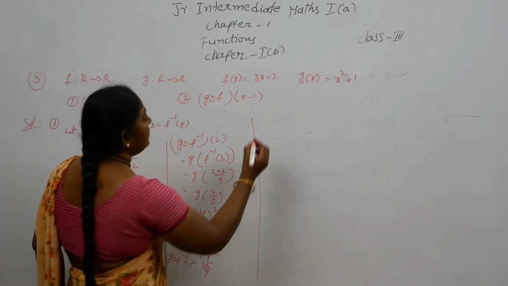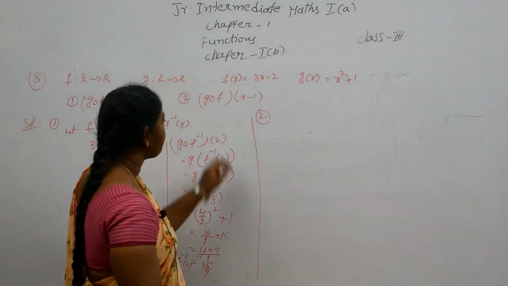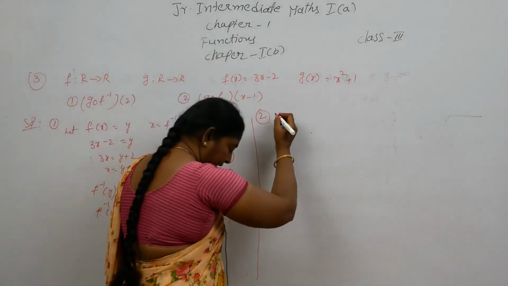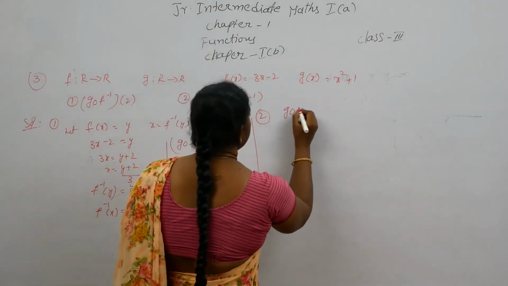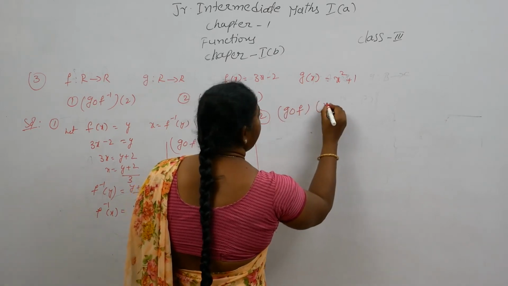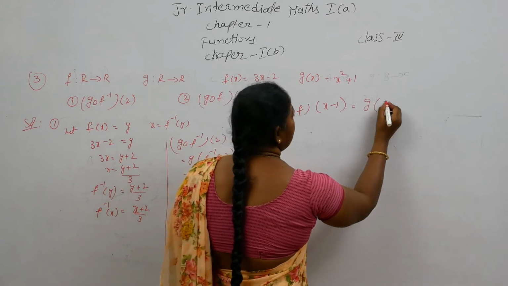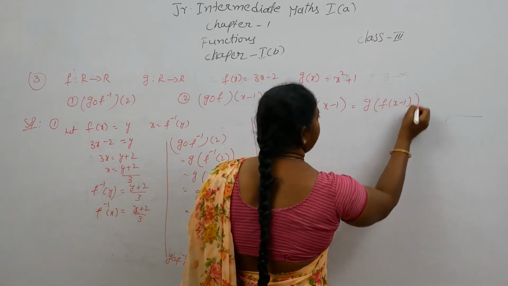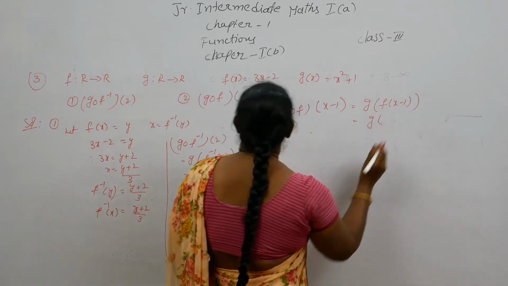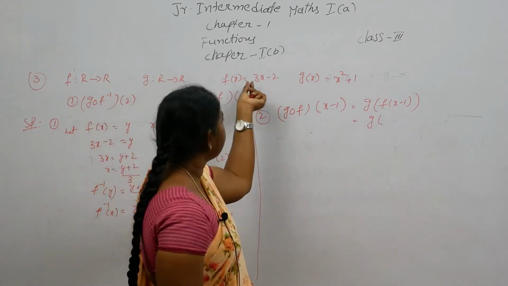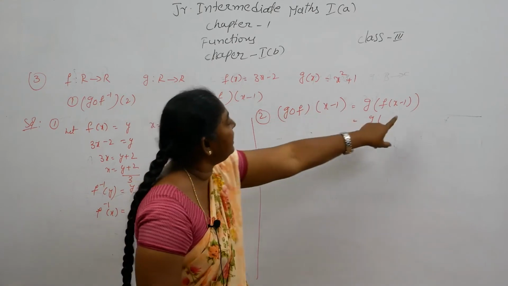Again second problem, g of f of x minus 1. So you can write g of f of x minus 1. Here g of f of x, in place of x, we have to substitute x minus 1.